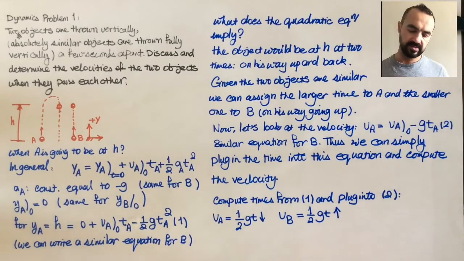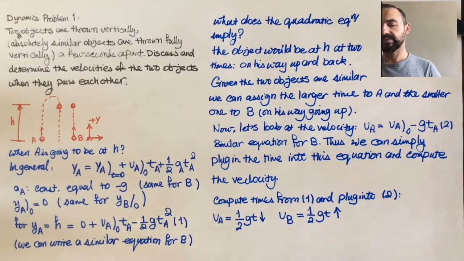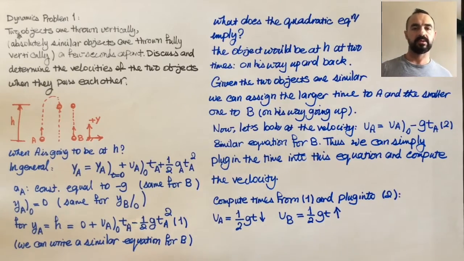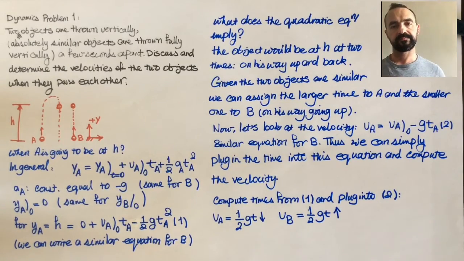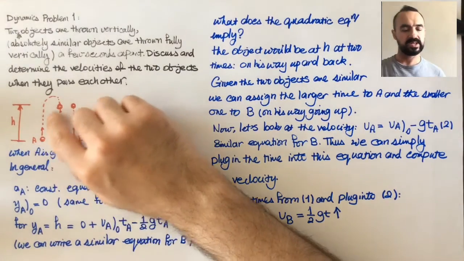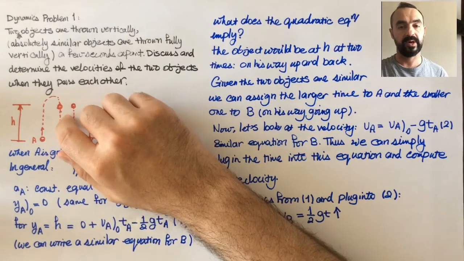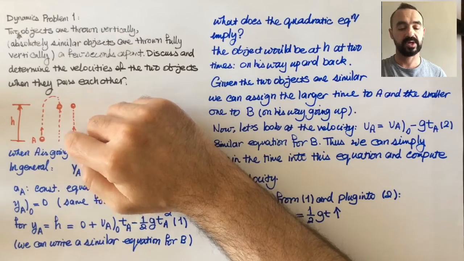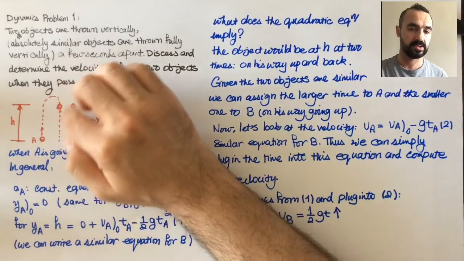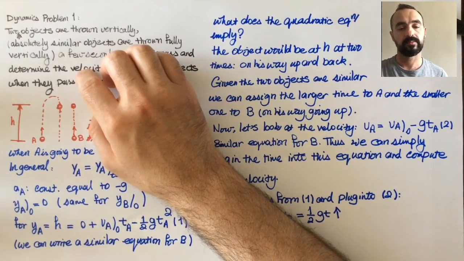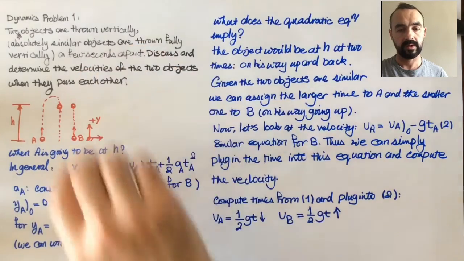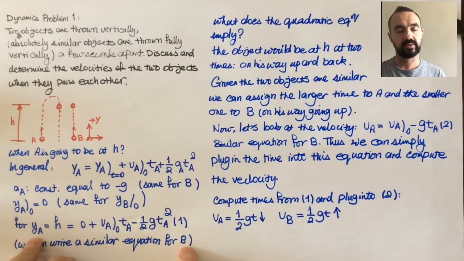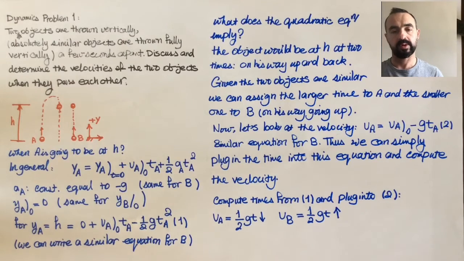And given that the two objects are exactly similar, you could say right from here that when object A is at height h on its way back, in fact object B is at height h on its way up, because the exact same equations apply to both objects.